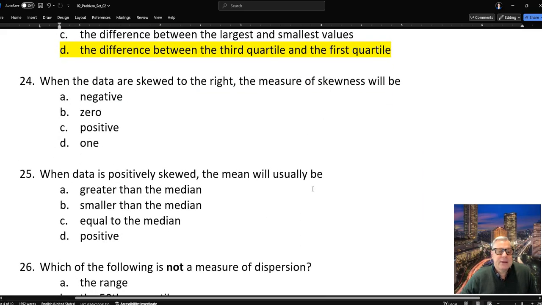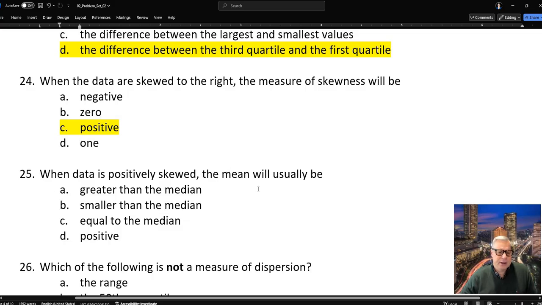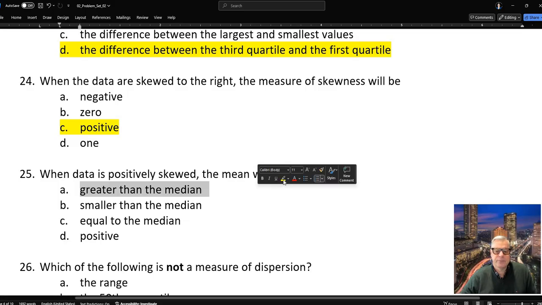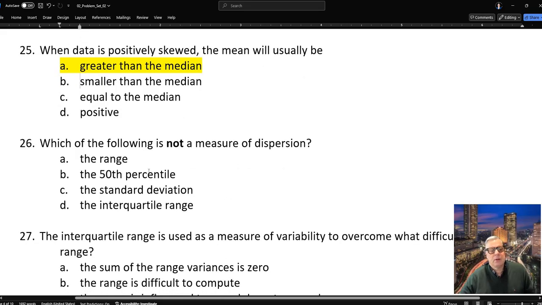When the data are skewed to the right, the measure of skewness will be positive. When the data is positively skewed, the mean will usually be greater than the median. So the mean is very much affected by outliers. Which of the following is not a measure of dispersion? That's the 50th percentile, the median.